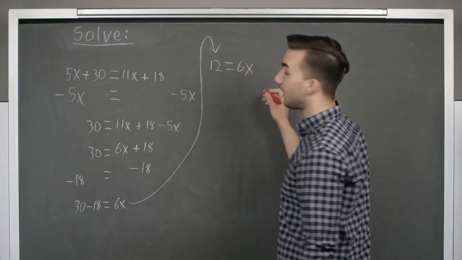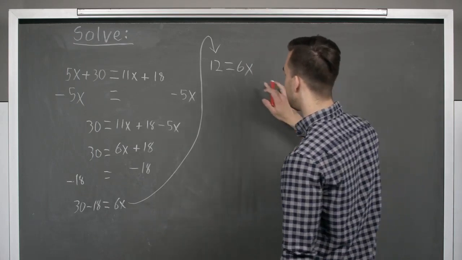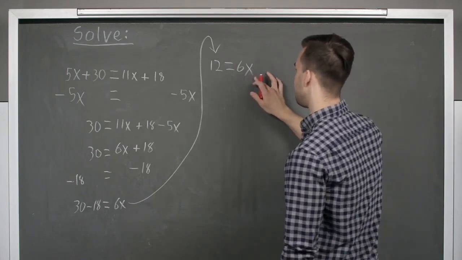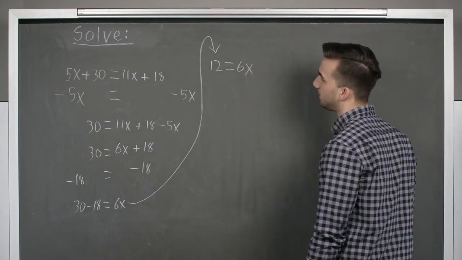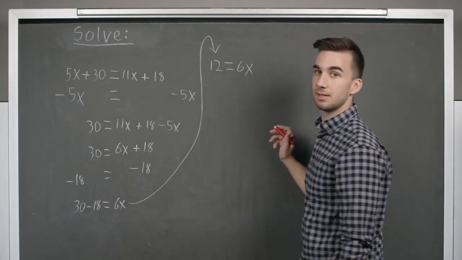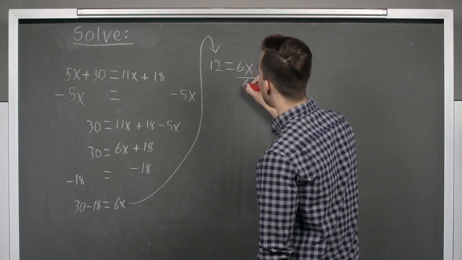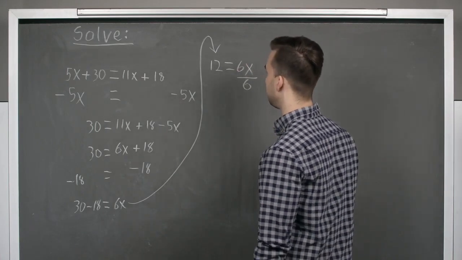So now that we have all our like terms combined, what we want to do is just get a single quantity of x. So just x by itself. What we need to do is divide by 6, right? Because 6x divided by 6 is 1. But if we divide this side of the equation by 6, what do we need to do to the other side?